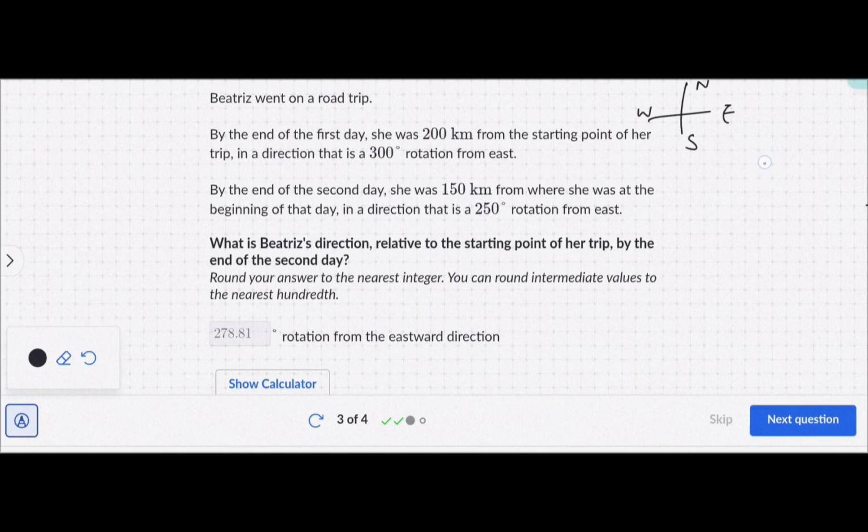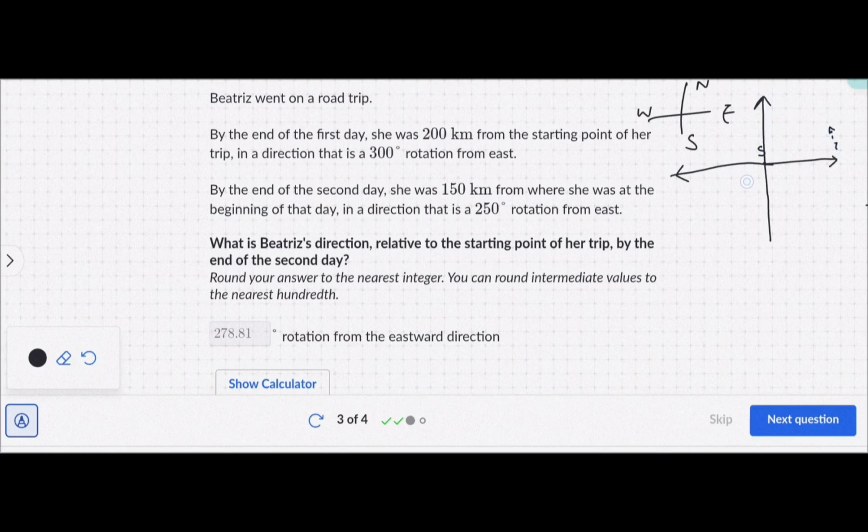So let's say she starts from this point, the starting point. This is the x direction, this is y, and this is the negative x direction.